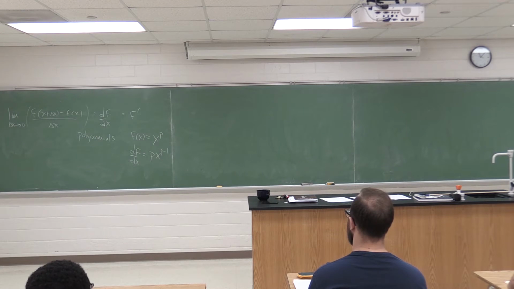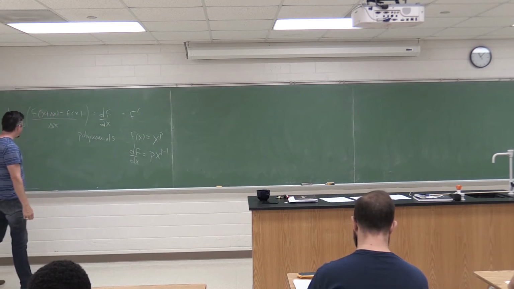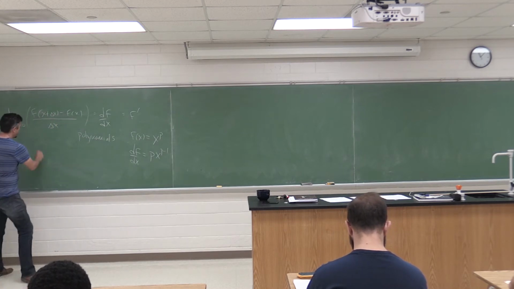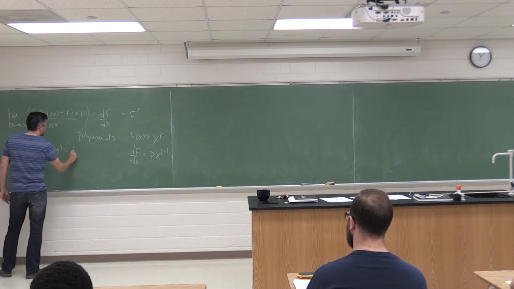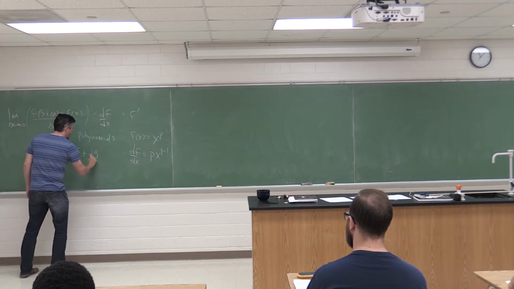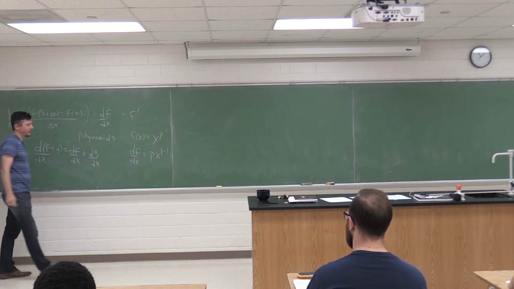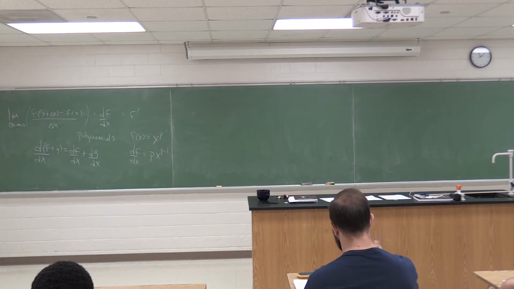You go a long way with just that. And using the fact that this is a linear operator, you can write out the definition of it, and we say the derivative of a sum is the sum of the derivatives. So with these two pieces of information, we can write out the derivatives of any polynomials.